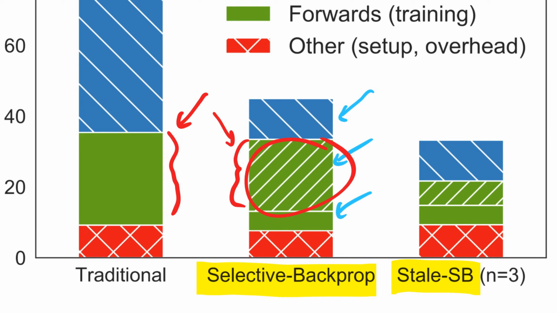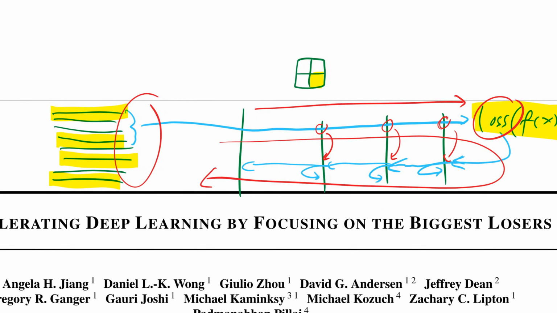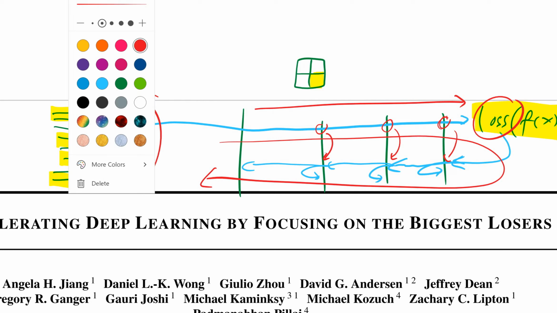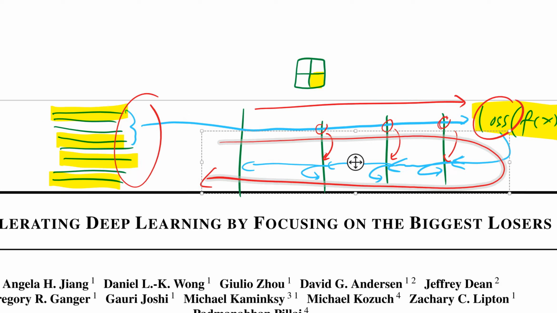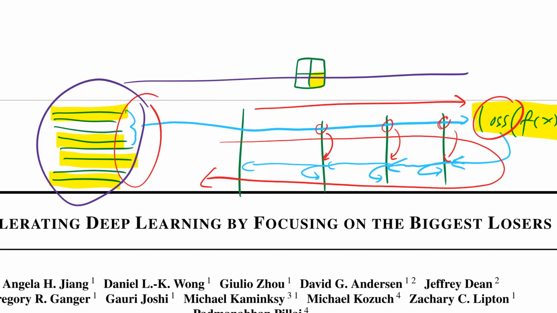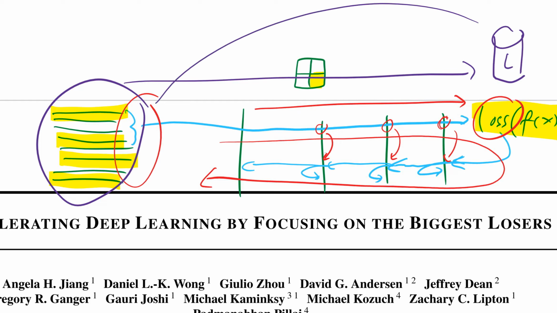What we might be able to do is, first we take the entire data set, forward prop it through the network, and then save the losses into some database, right?